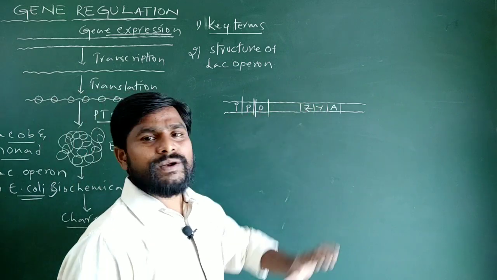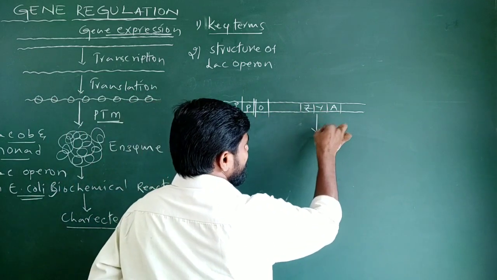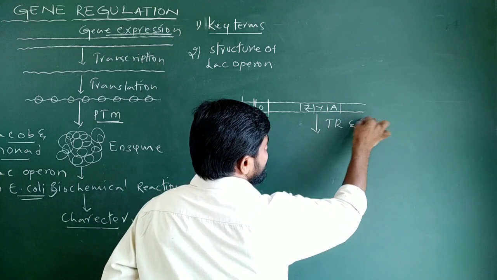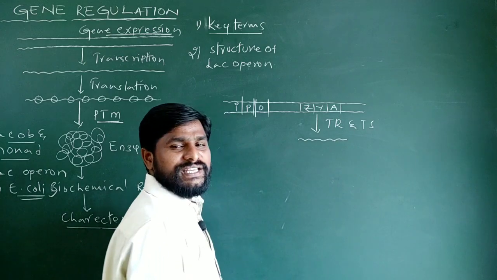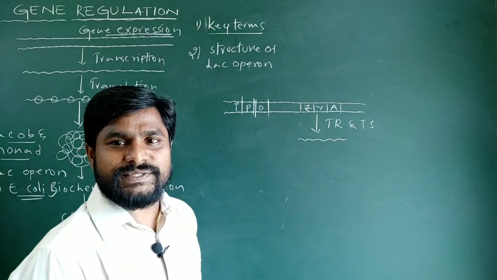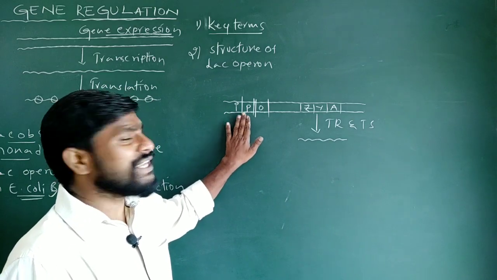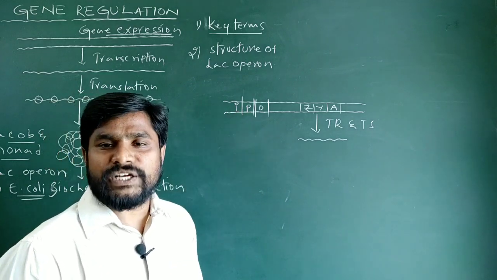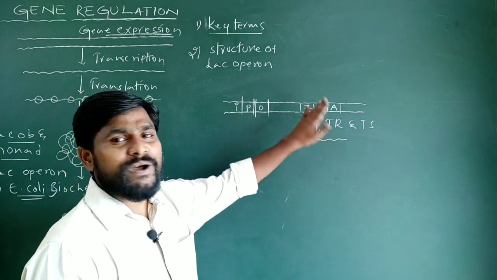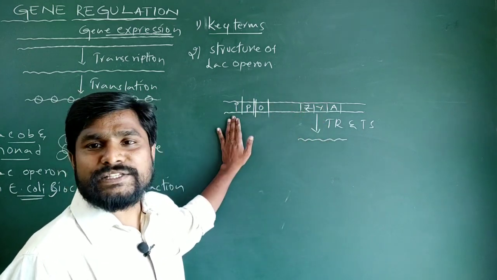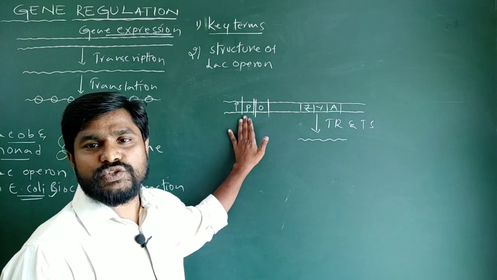Structural genes are those which, by undergoing transcription and translation, synthesize polypeptide chains or enzymes. Regulatory genes are the genes which do not directly synthesize structures or polypeptides but are involved in the expression or suppression of these structural genes. Hence the name regulatory genes.